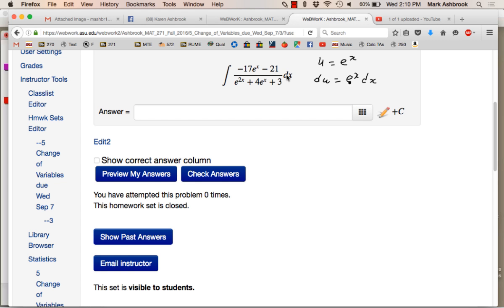For this one, I don't really have that e to the x dx anywhere, so I'm going to solve for dx. dx equals du over e to the x, which is u. So then this thing becomes negative 17u minus 21 over u squared plus 4u plus 3 times du over u.